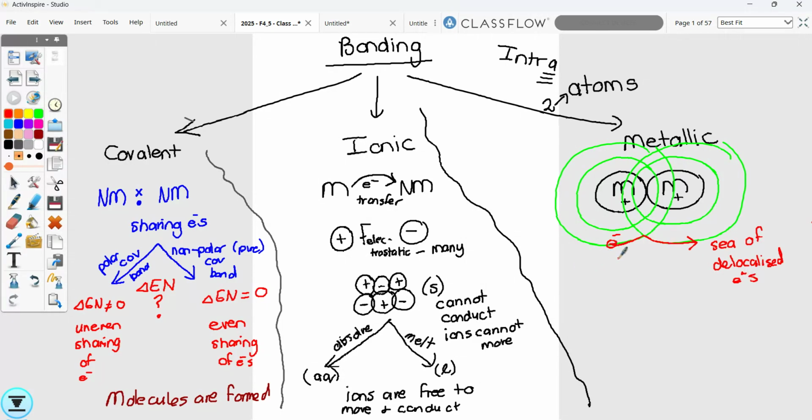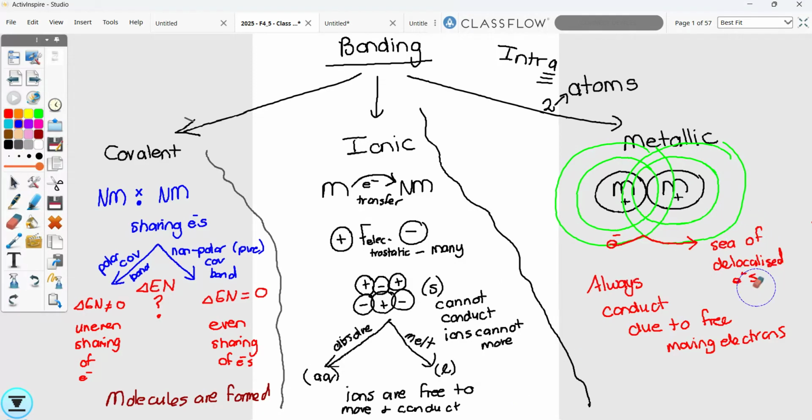And that is why a metal can always conduct electricity. What are the particles that move here to conduct the electricity? A sea of delocalized electrons. It is all in your book, just not on one page, Donnie. You can go and look for it there.